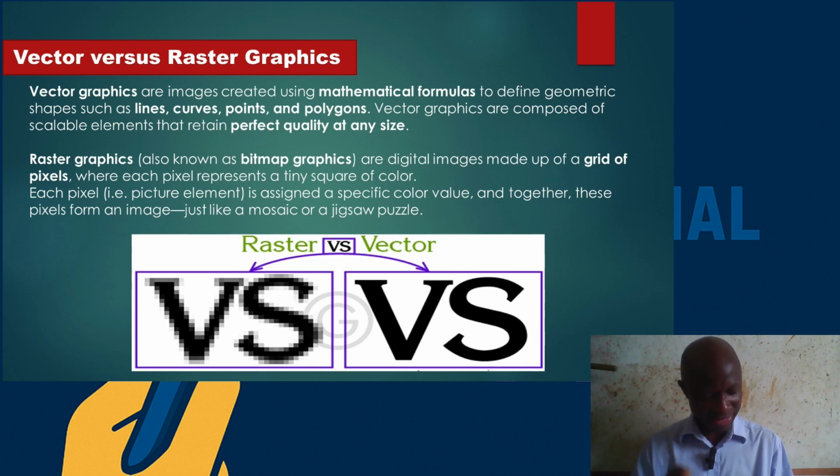Each pixel is assigned a specific color value, and together these pixels form an image, just like a mosaic or a jigsaw puzzle. If you know mosaic, you draw maybe a picture of a man, a bottle, or anything.